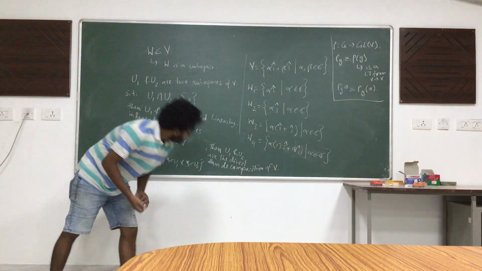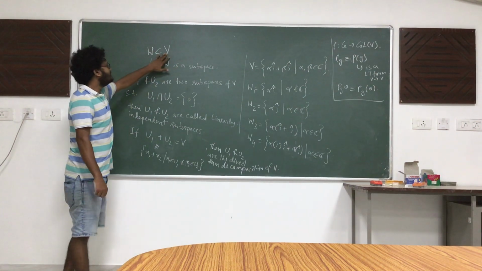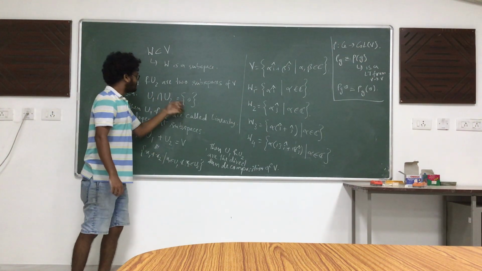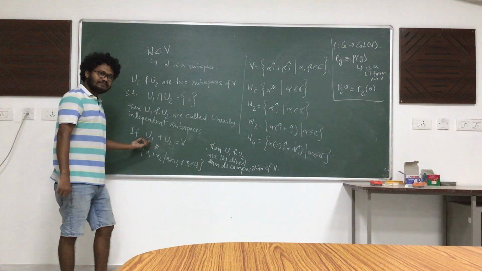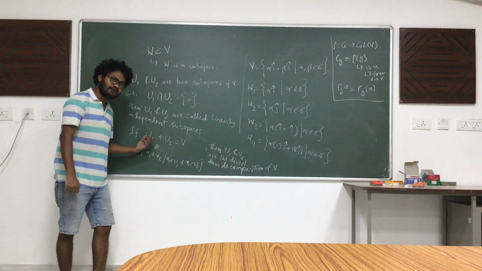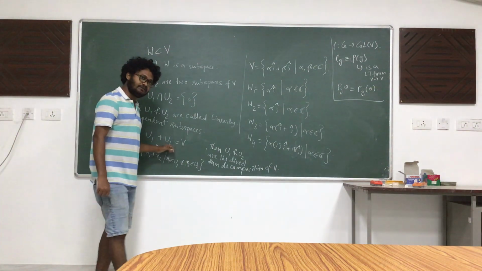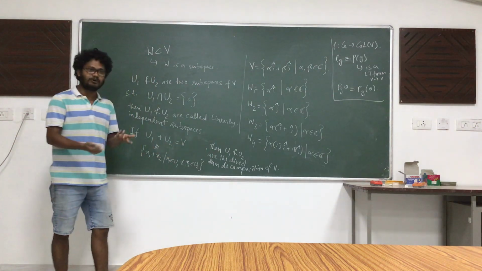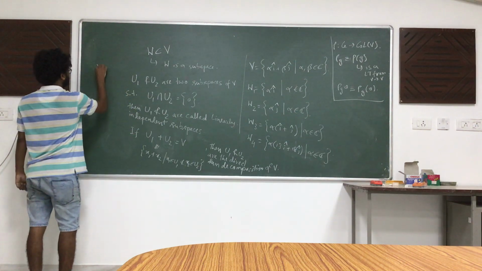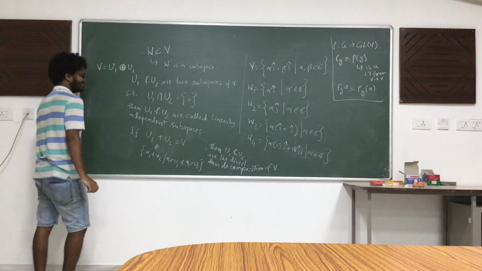So far what we have seen is that if we have a vector space V, and we can find two subspaces which are mutually linearly independent, and any vector from V can be written uniquely as an addition of one vector from U1 and one vector from U2, then they are called the direct sum decomposition of V. Usually we write V equals U1 plus with a circle U2.